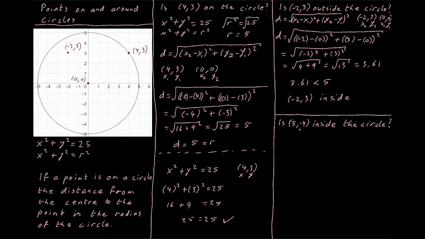Now, is 5, minus 4 inside the circle? So we go to our point 5, minus 4. So from the origin, in the door 5, down the stairs minus 4. So we're going down minus 4. We can see that that point is actually outside of our circle.